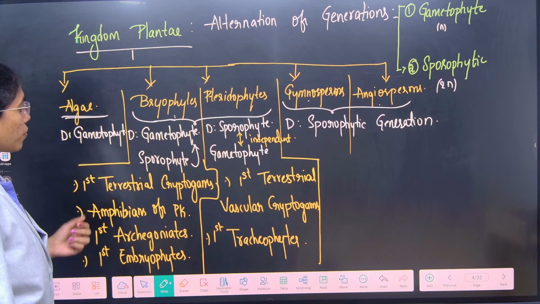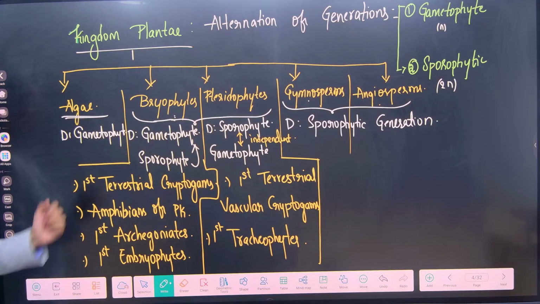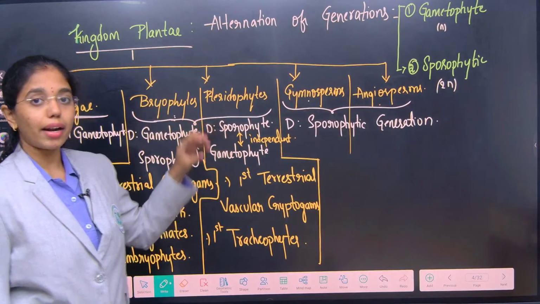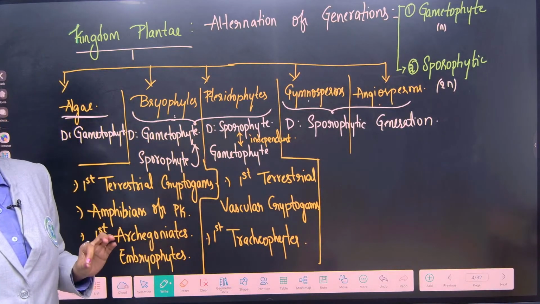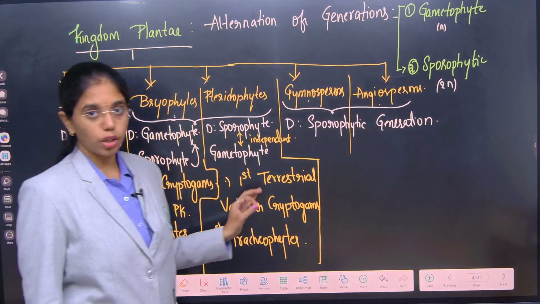Next, bryophytes: all the synonyms we use for bryophytes are the first terrestrial cryptogams, amphibians of the plant kingdom, first archegoniates, first embryophytes. Pteridophytes are the first terrestrial vascular cryptogams. As tracheids are present in the vascular tissue, they are known as first tracheophytes.